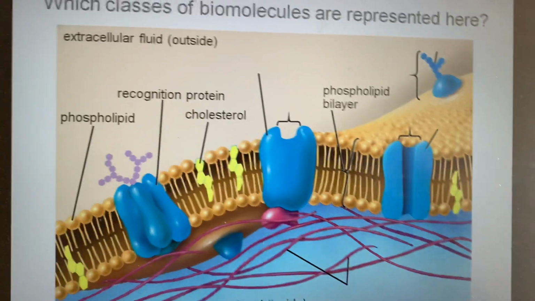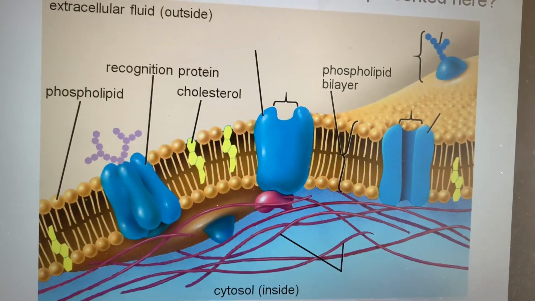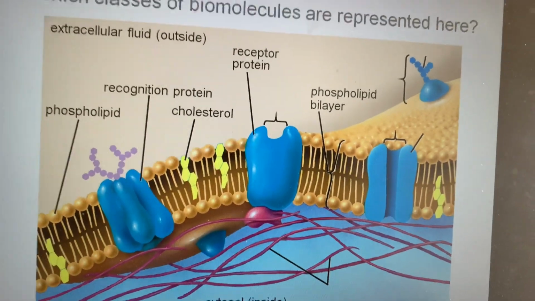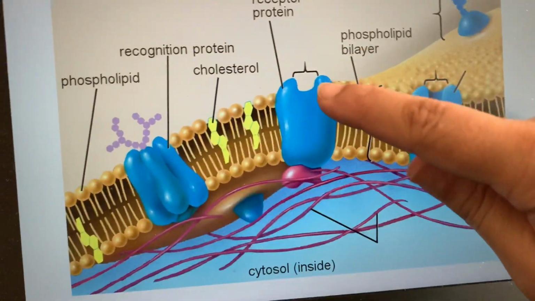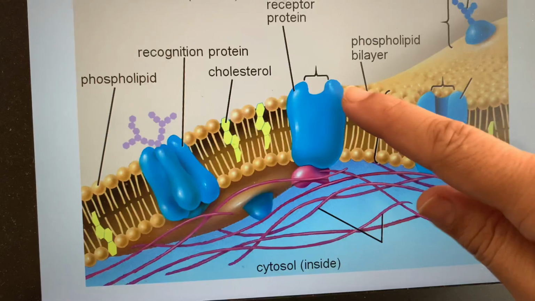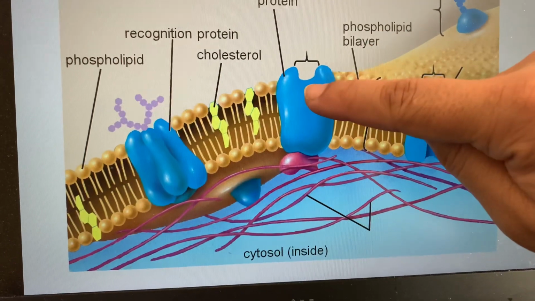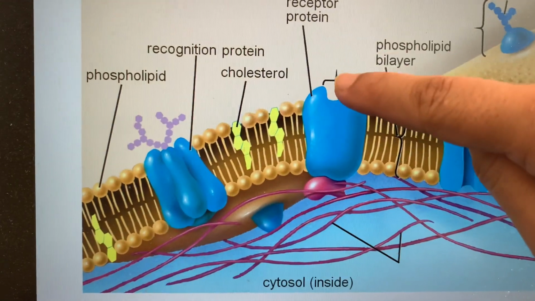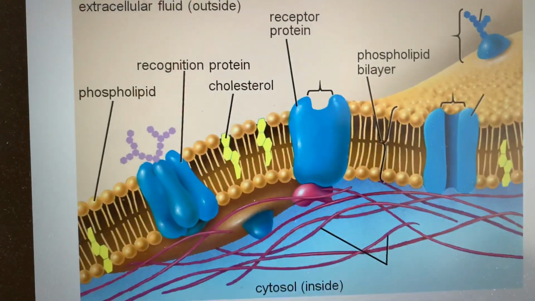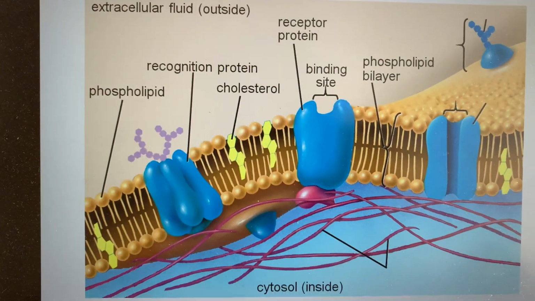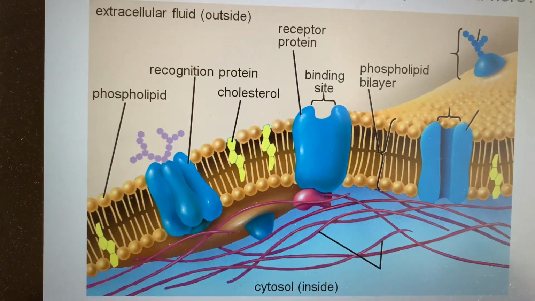How it goes inside is by another type of protein, the receptor protein. Receptor proteins are again a key-lock concept. The receptor protein receives the incoming protein at this site only. This is called the binding site of the receptor protein.